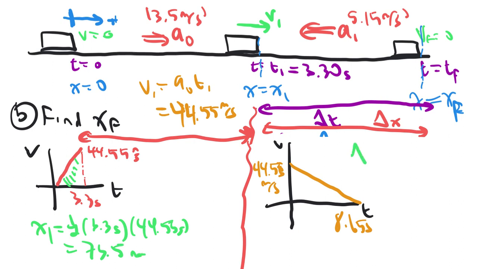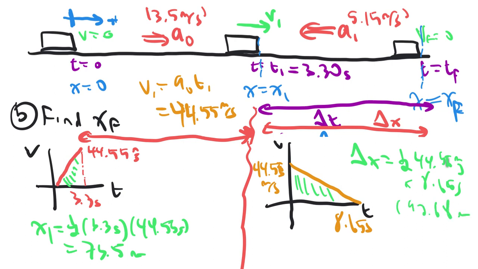And then delta x, which is going to be this area, is going to be 1/2 times 44.55 meters per second times 8.65 seconds, which is 192.68. And when we add 192.68 to 73.5, we get to 266 again. So xf is still 266 meters, as expected.